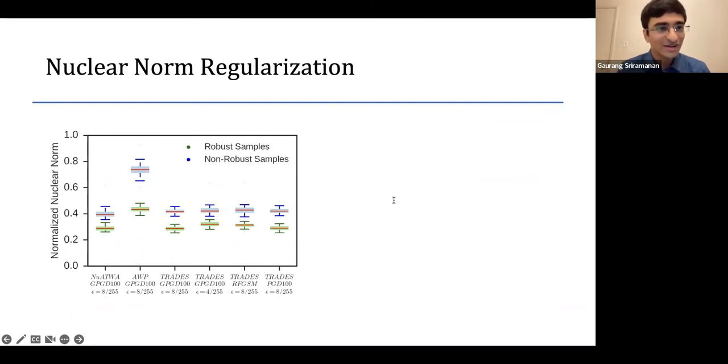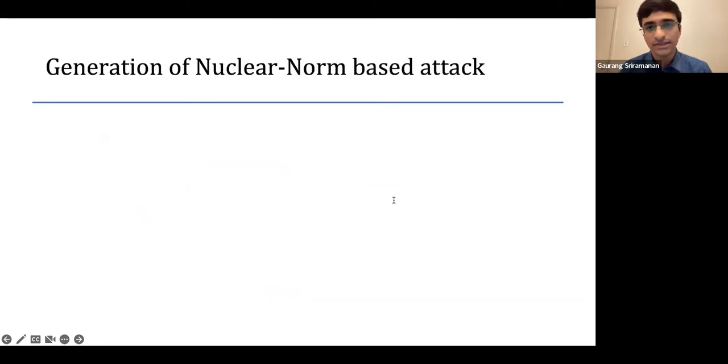And we crucially observe that higher values clearly correspond to the non-robust ones, while the lower nuclear norm values distinctly correspond to robust samples. So this helps validate our hypothesis that explicit minimization of the nuclear norm regularizer can help improve adversarial robustness of the models themselves. I'll now describe how nuclear norm-based adversarial training can help in single-step training in particular.